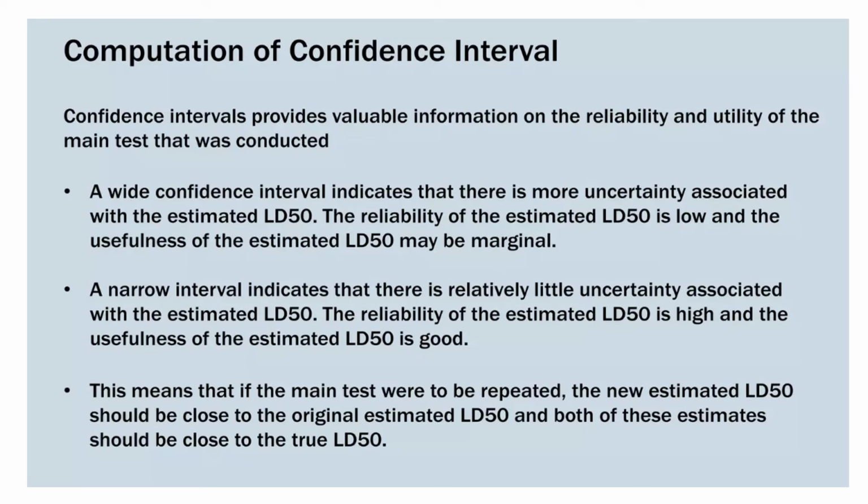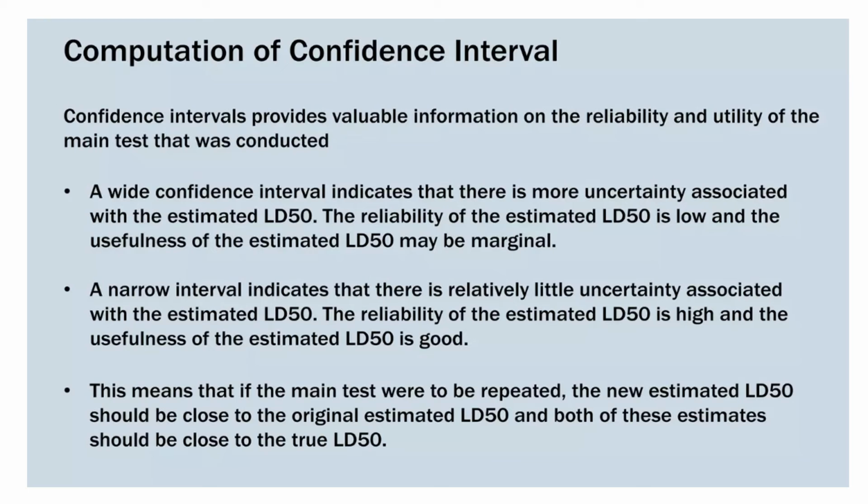The reliability of the estimated LD50 is low, and the usefulness of the estimated LD50 may be marginal. It means if the interval is wide, in both conditions it is difficult to decide what the LD50 is.